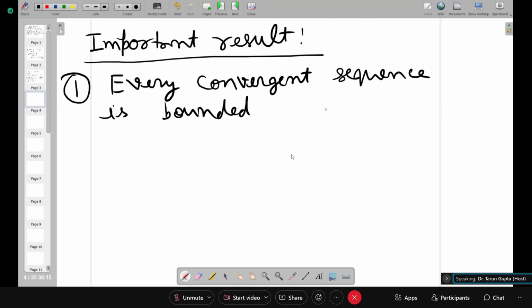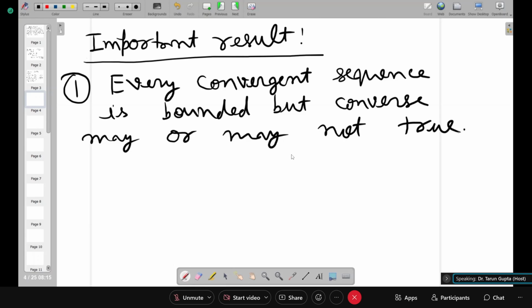Convergent sequence, you know, if the limit exists, is finite and unique, then that sequence is a convergent sequence. But the converse may or may not be true.